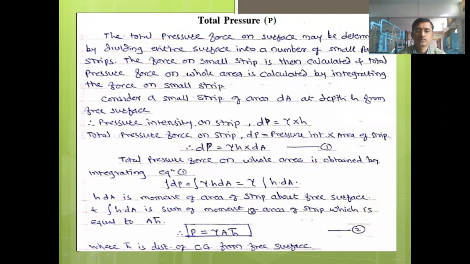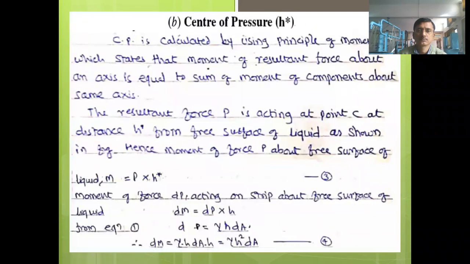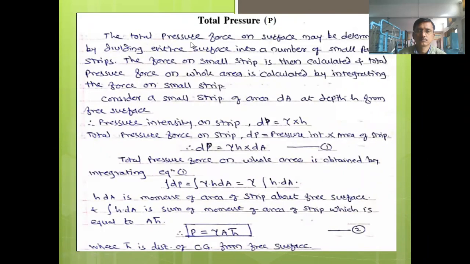H bar is equal to distance of CG from free surface, and capital A is the surface area.